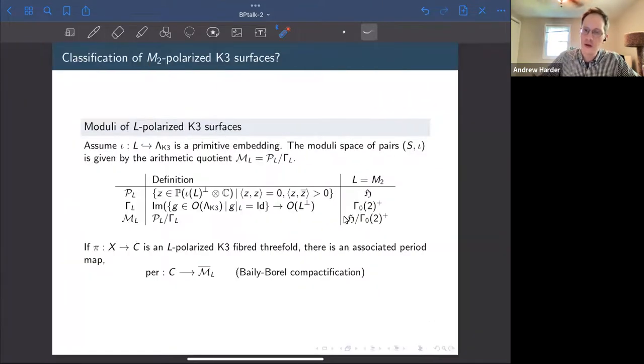So in our case, the compactification here is just P1, right? Because that's the compactification of this thing. So in fact, this space is P1 minus 3 points. I can just say 0, 1, and infinity. And so this is just P1.